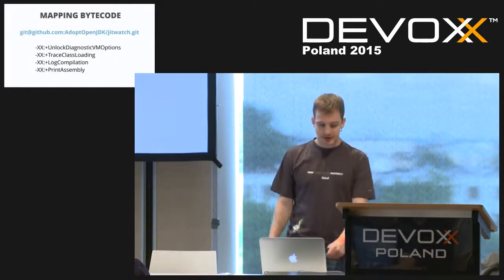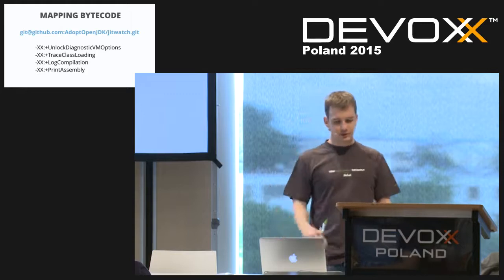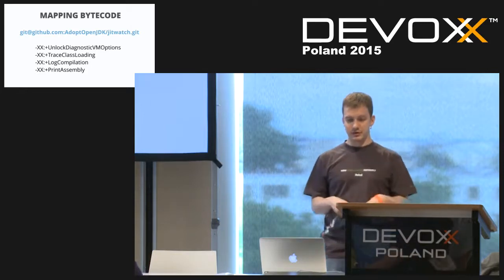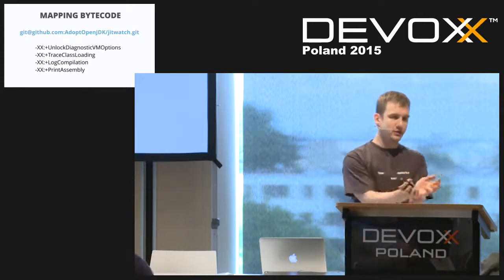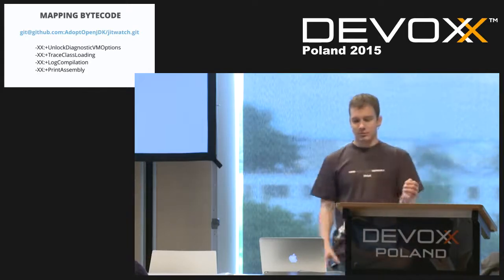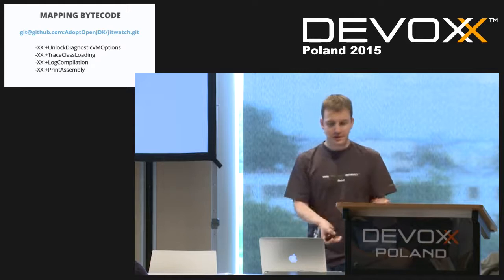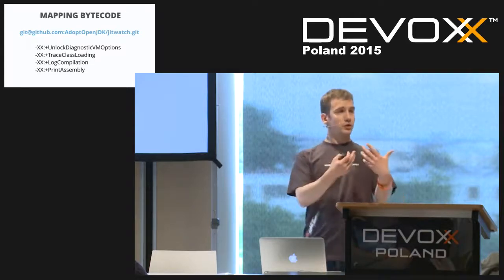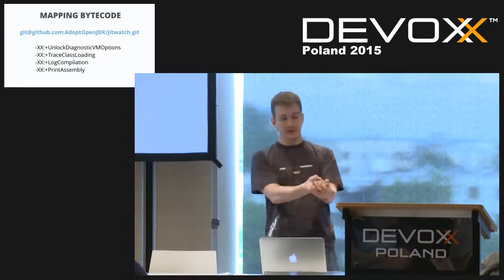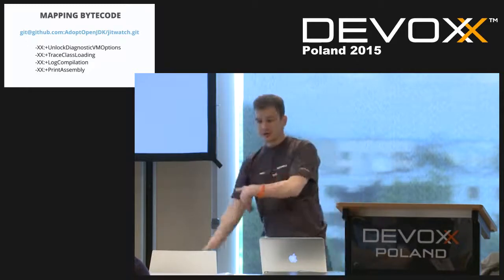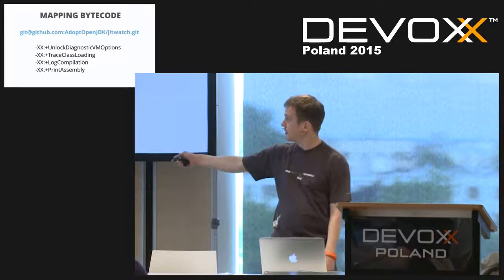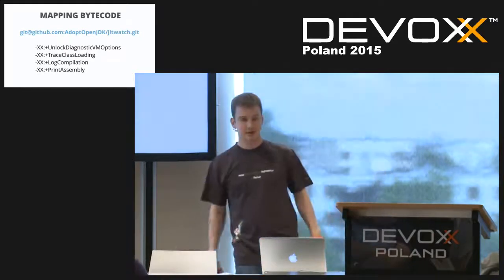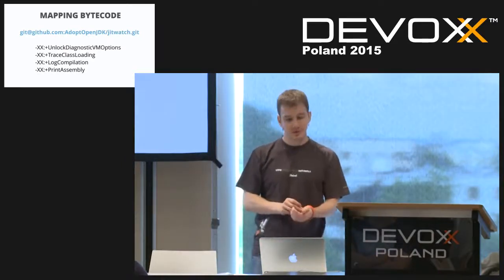Another really nice tool I want to tell you about is JITWatch. It doesn't operate exactly on just the bytecode, but it's a log analyzer for the HotSpot Java just-in-time compiler. It consumes the log files that your JIT generates. You have to do a bunch of hand waving to make those logs available.